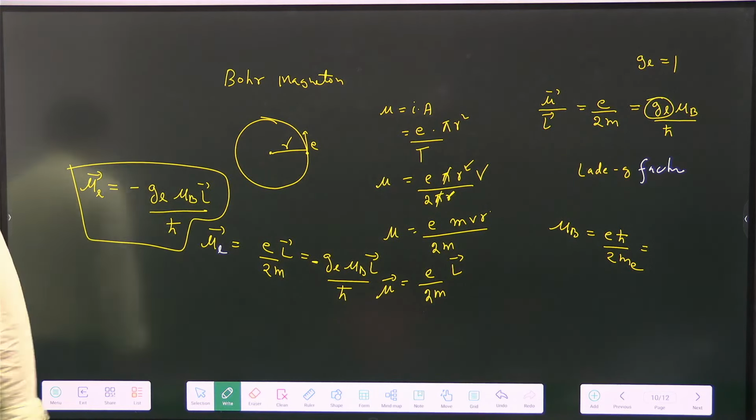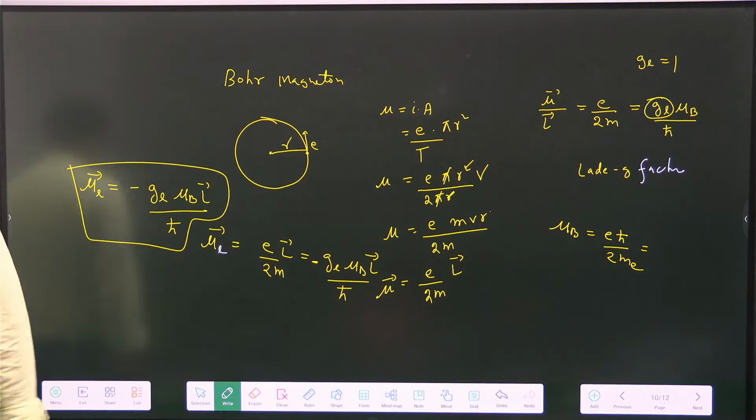The magnitude of mu l is gl mu b upon h cut times root of l into l plus 1 h cut. So this h cut is cancelled. This will be the magnitude of the magnetic moment. And if you talk about the Lz component, suppose this is in the z direction, then obviously the sign will be there, and this will be converted to m h cut.